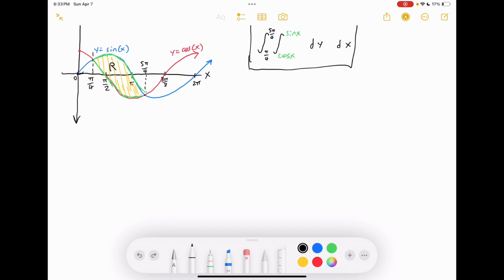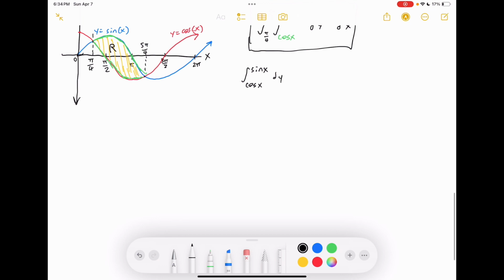So the integral of, let's grab the inner one first. We're going to just separate it into the integral from cosine x to sine x of dy. And the integral of 1 is just literally y. So you now have y from, that's not cosine, whoops, sine x to cosine x.